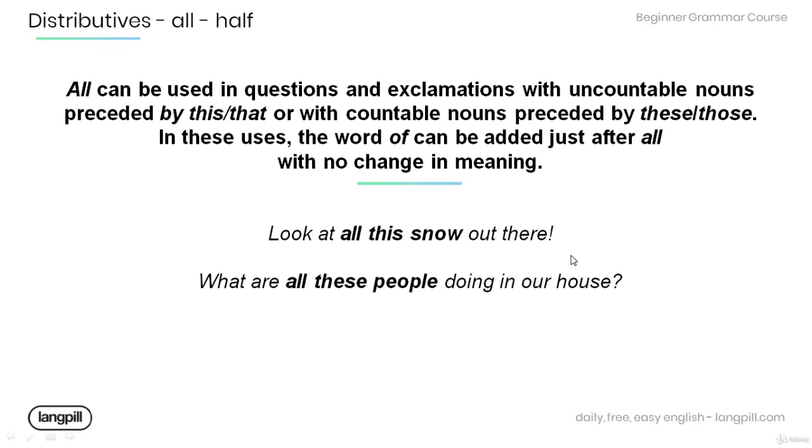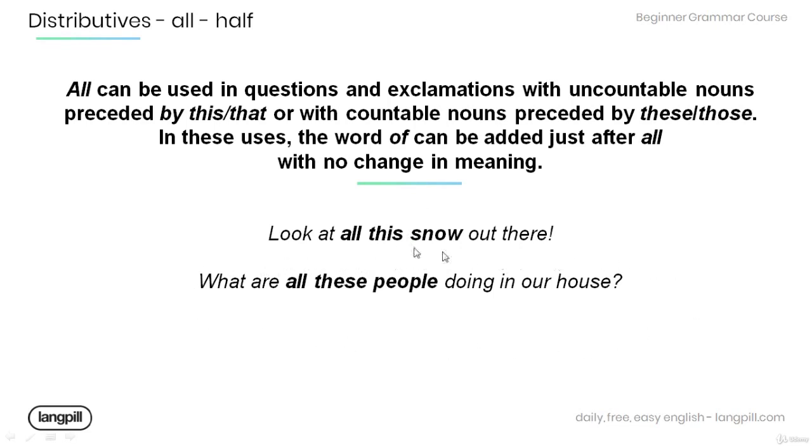Look at all the snow out there. This sentence is an exclamation. The distributive all is preceded by the demonstrative this, which modifies the uncountable noun snow.